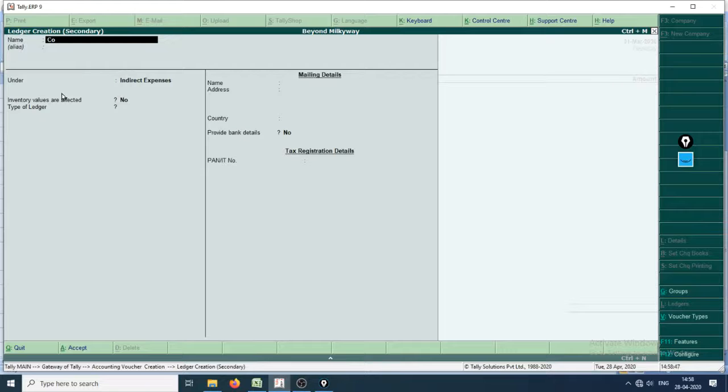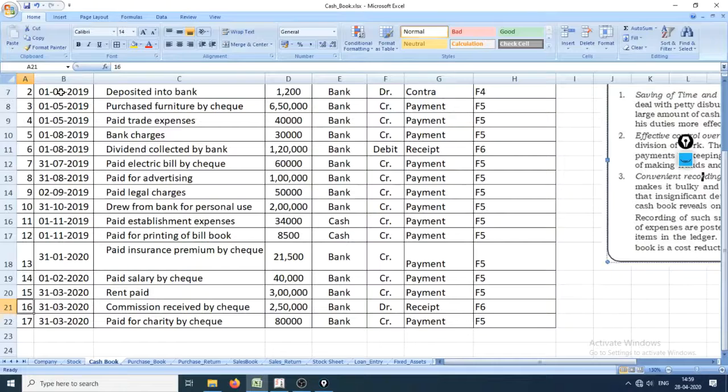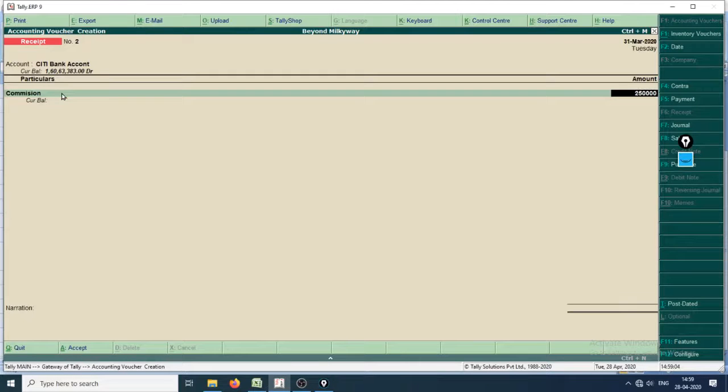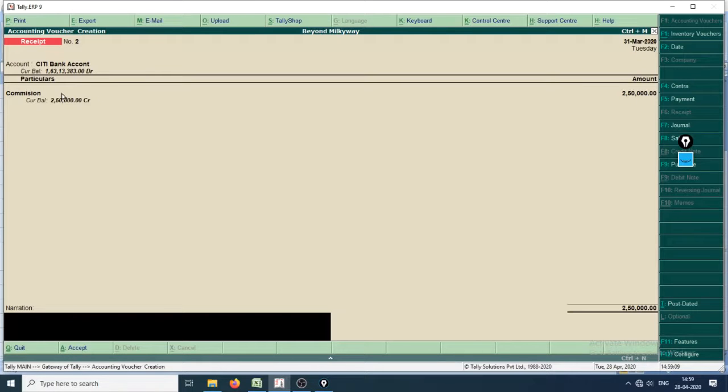Commission is an indirect income. Commission is 2,50,000. Commission received.